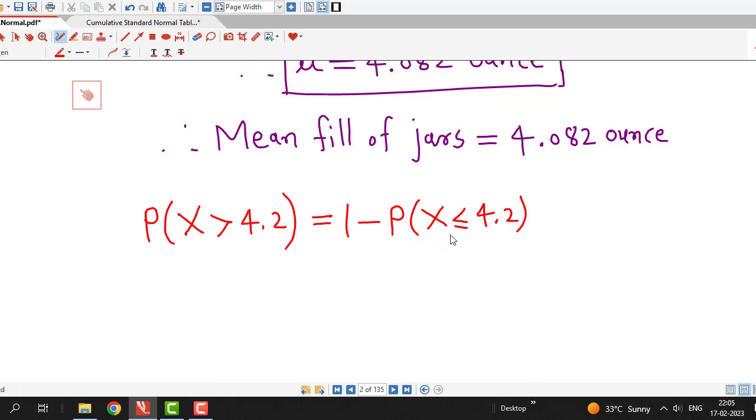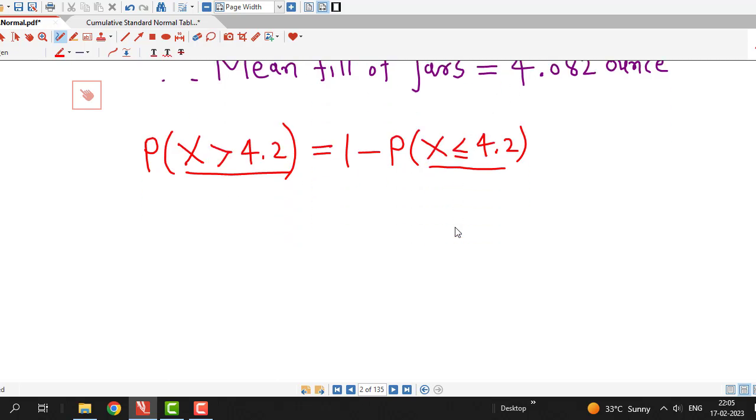Now here X is a continuous random variable, so it does not matter whether we write less than or equal to or strictly less than, and here we are using the fact that these two events, x greater than 4.2 and x less than or equal to 4.2, are mutually exclusive events. So first we decide this probability that x is less than or equal to, or x is less than, 4.2.